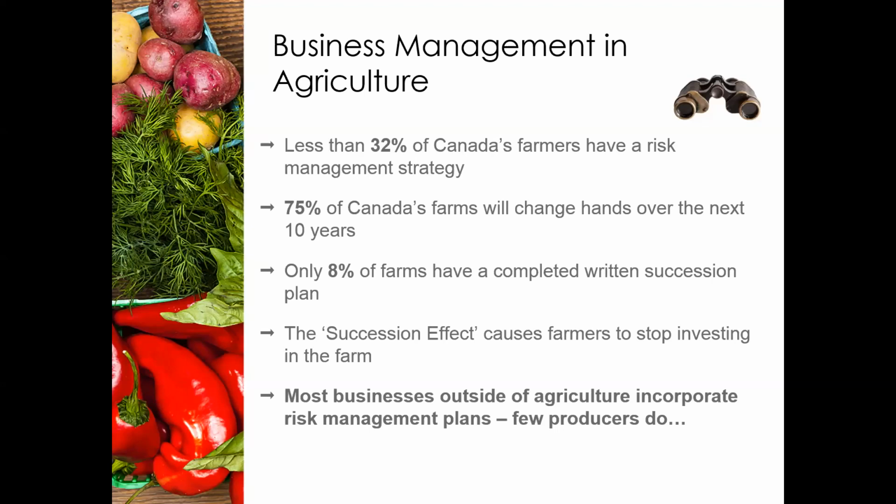So that to us already indicates that there's a lot of risk right there in what's going to happen on farms over the next few years. If people are not ready to transition, they haven't made their plan to transition, and there's such a large number of them that will be transitioning over the next 10 years, it does create an awful lot of risk for the sector. And of course, this is not the only type of risk that farms are facing.